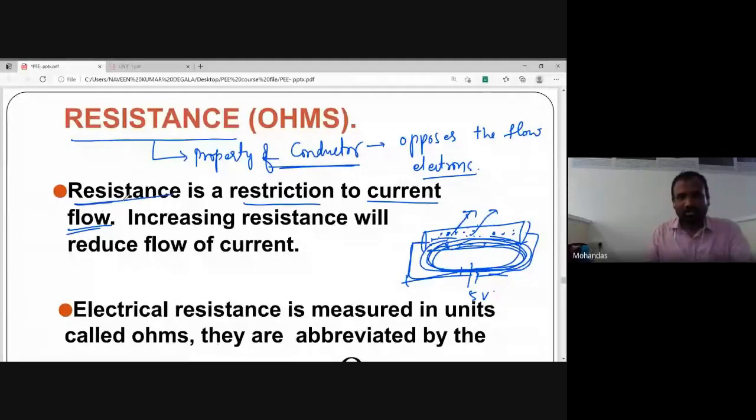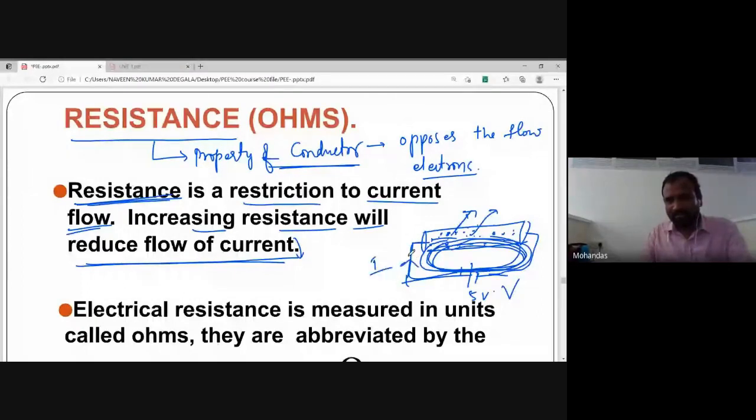Okay, so increasing resistance will reduce the flow of current. I will discuss this point after discussing Ohm's law. Here, this is a voltage. The flow of electrons is nothing but a current I. And the property of this material which opposes the flow of electrons is known as resistance.